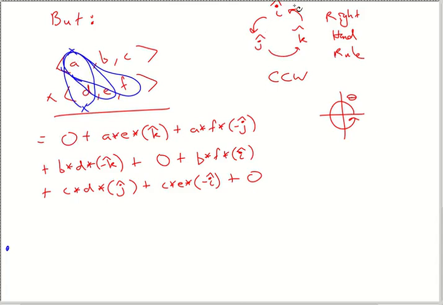There's a big list where this IJK stuff goes together, but one of them in particular is I cross I is 0. Basically, it results in a 0. Let's just say it's a 0 for sure.